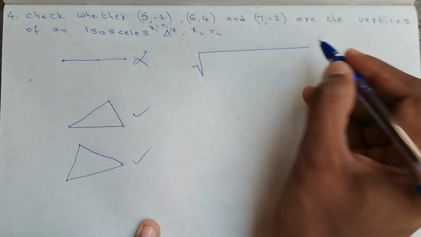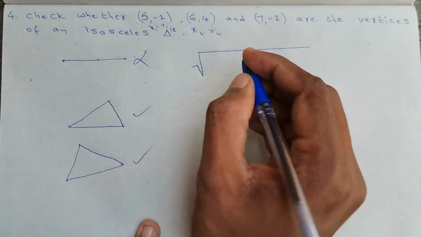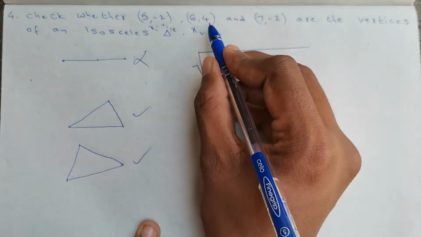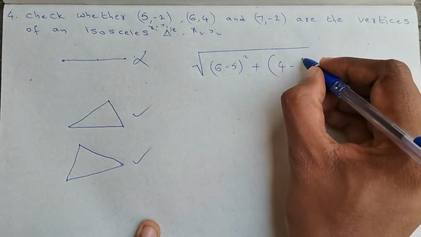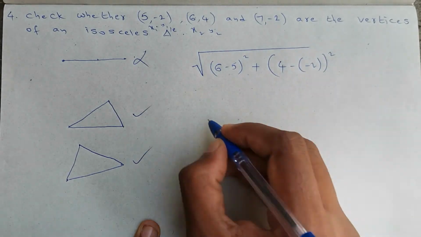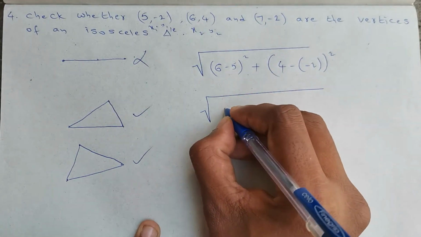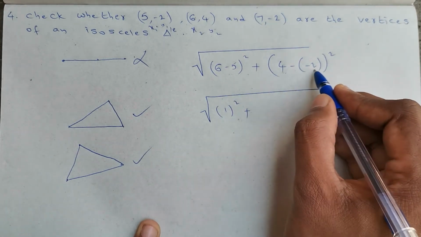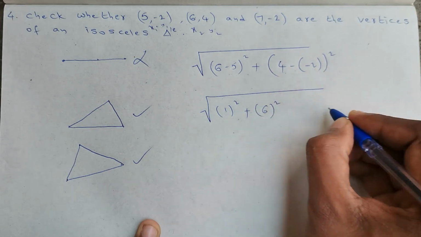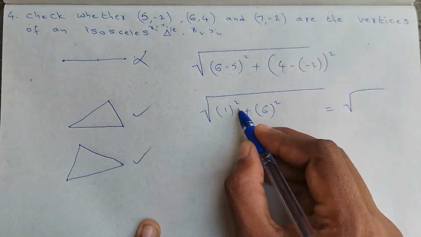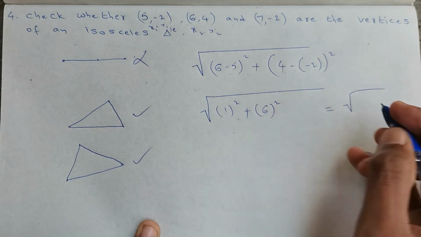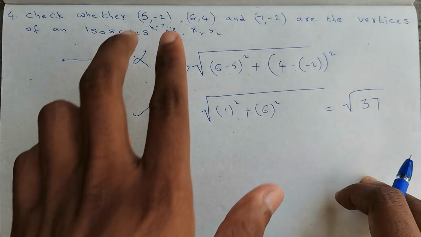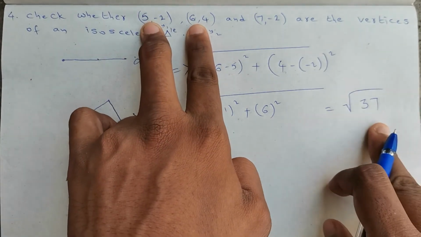So the first distance is the square root of (x2 minus x1) whole square plus (y2 minus y1) whole square, that is 6 minus 5 whole square plus 4 minus of minus 2, that is 4 plus 2, 6 whole square, which equals under root 1 square is 1 plus 6 square is 36. 1 plus 36, 37. So the distance between the first 2 points is root 37.